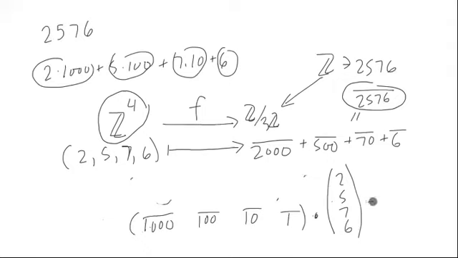And that result is going to give us what 2, 5, 7, 6 is mod 3. Okay, and if it's 0, then we can be sure that this is divisible by 3. If it's not, then we know it's not.